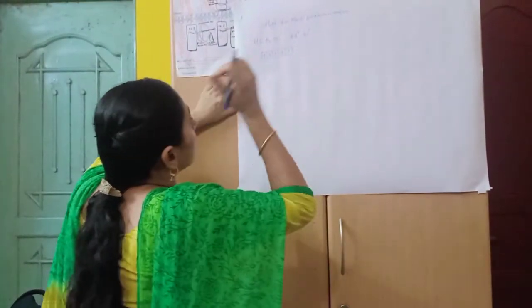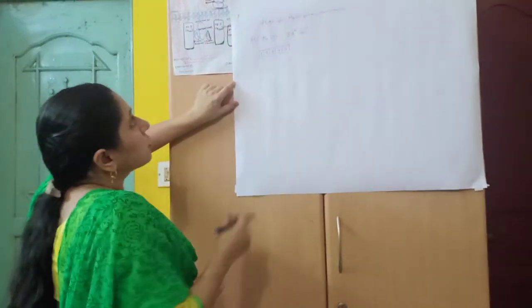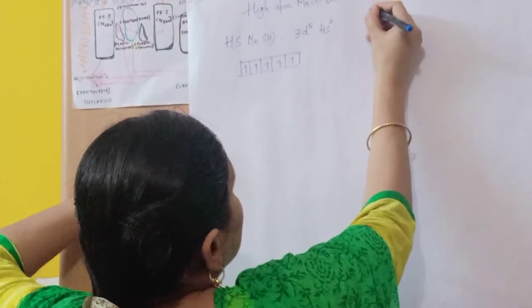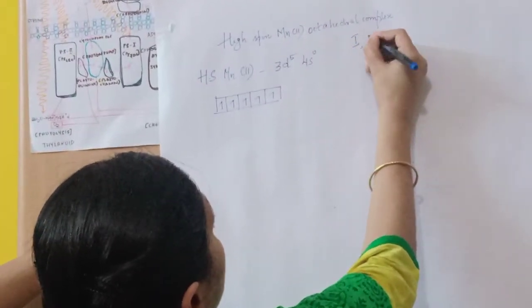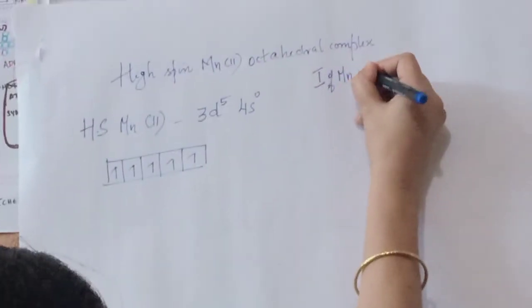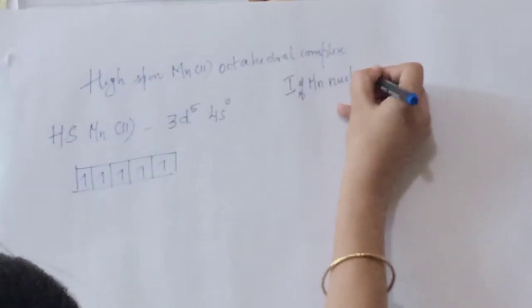Why are we able to observe this nuclear hyperfine splitting? Here the nuclear spin quantum number I of the Mn nucleus is 5/2.